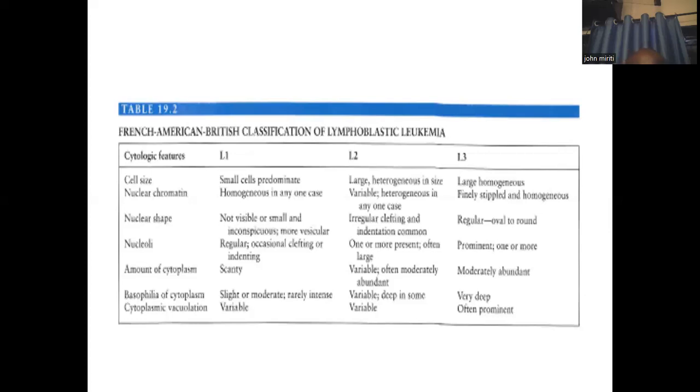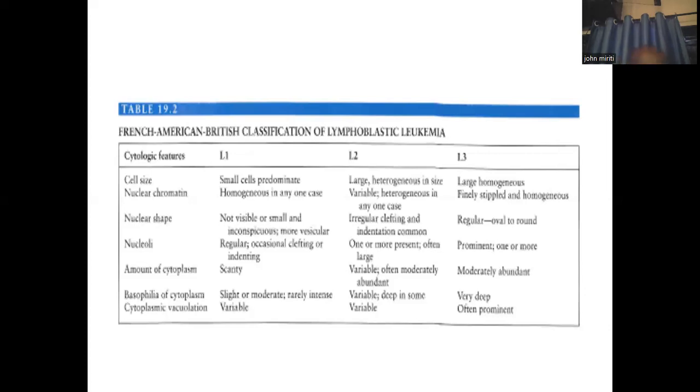The amount of cytoplasm is scanty in L1, variable and often moderately abundant in L2, and moderately abundant in L3. Basophilia of cytoplasm is slightly or moderately increased in L1, variable and deep in L2, and very deep in L3. Then we have cytoplasmic vacuolization, which is variable in L2 and often prominent in L3.